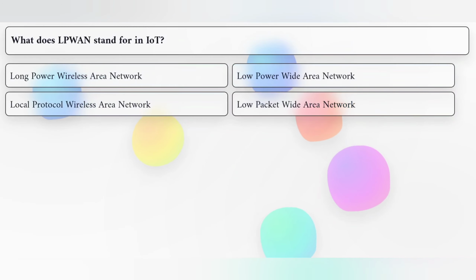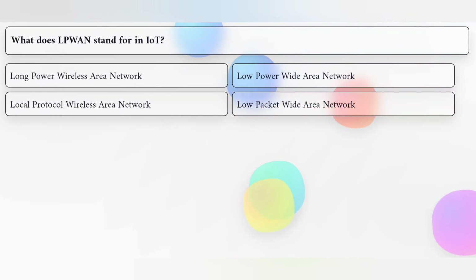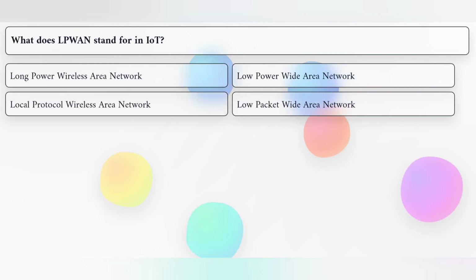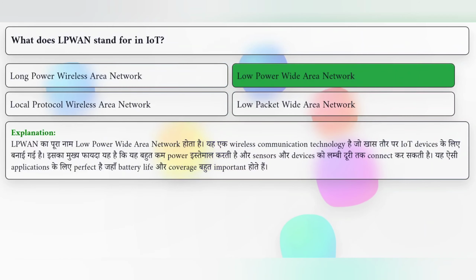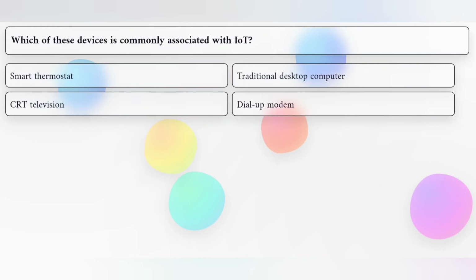What does LPWAN stand for in IoT? Long Power Wireless Area Network, Low Power Wide Area Network, Local Protocol Wireless Area Network, Low Packet Wide Area Network. Which of these devices is commonly associated with IoT?